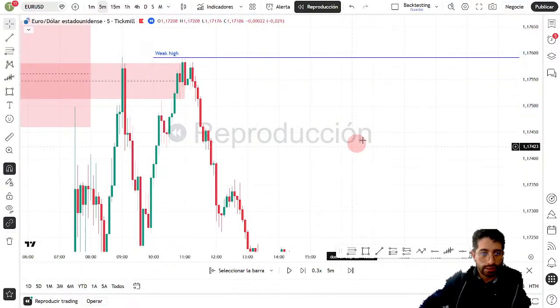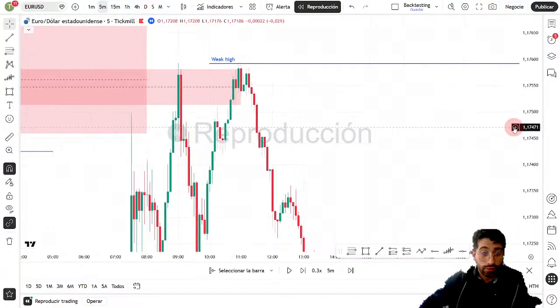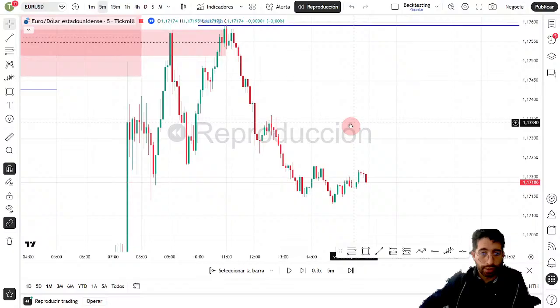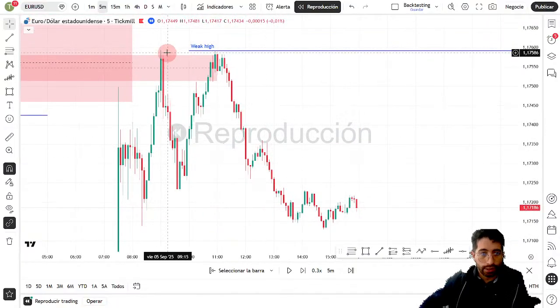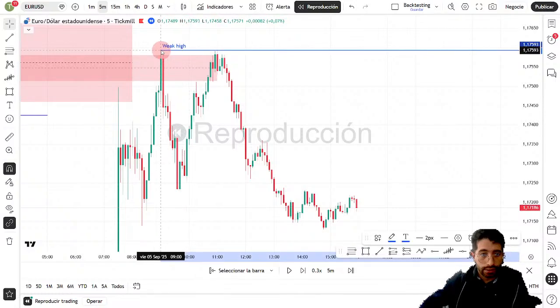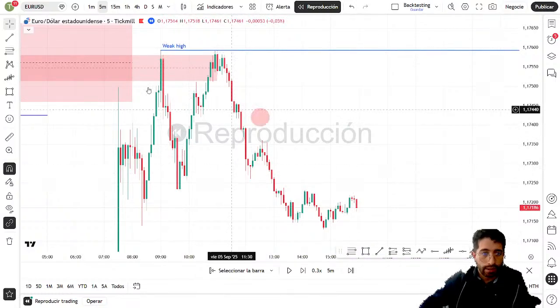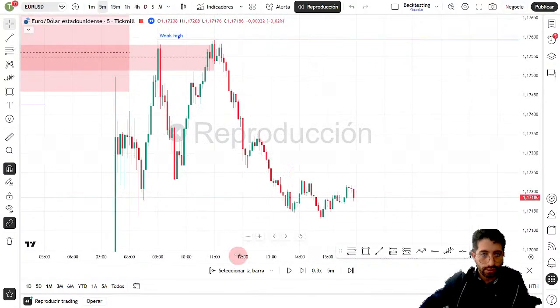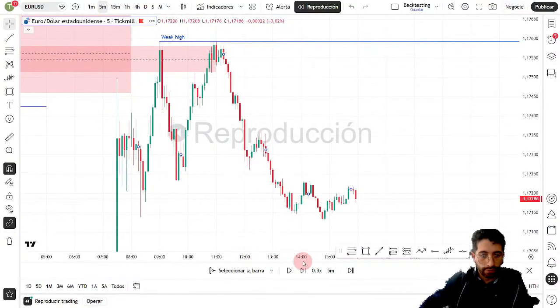If it had a confirmation pattern, it means there's an opportunity to enter. So look at the next. Here is the weekly high, break of structure. Yes, so of course it has done it. So look at the next, my friends.